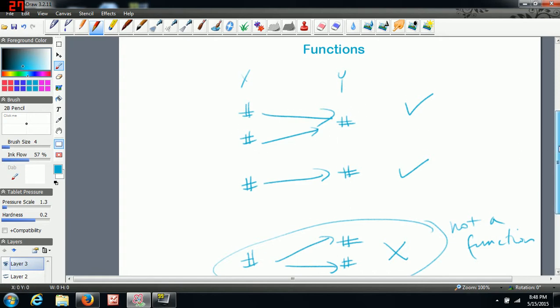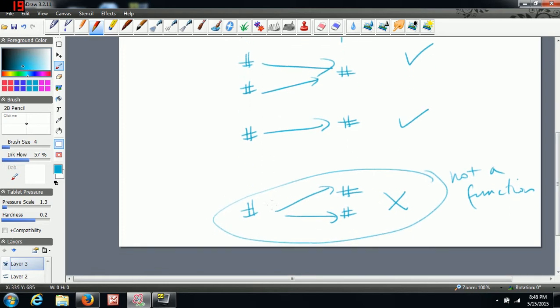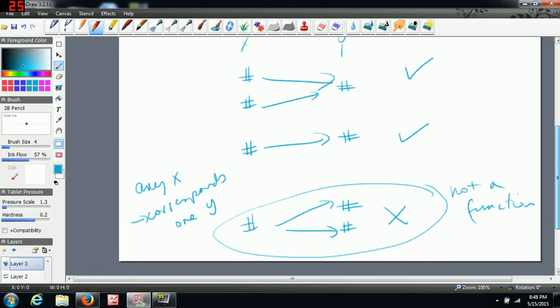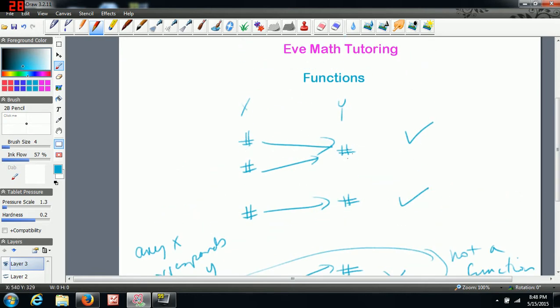But over here, as you can see, for this x there correspond two different y's, and that's when it's not considered a function. So for any x, there corresponds one y. For your x value, you have to have one y value.